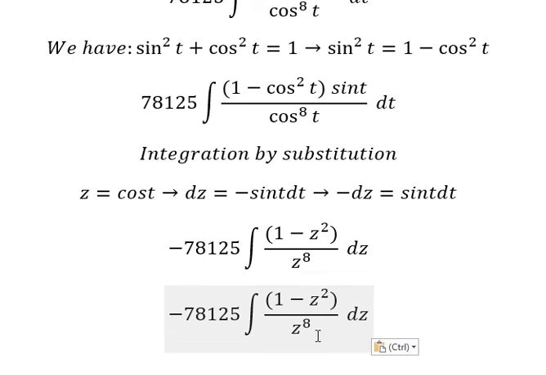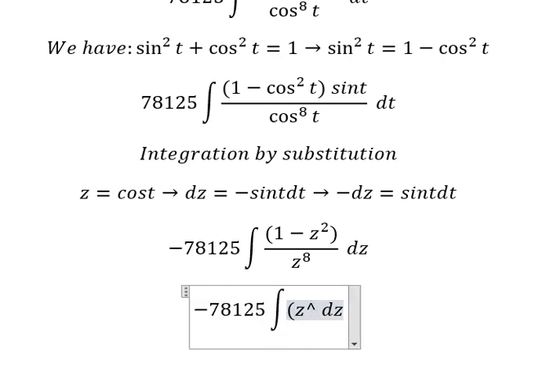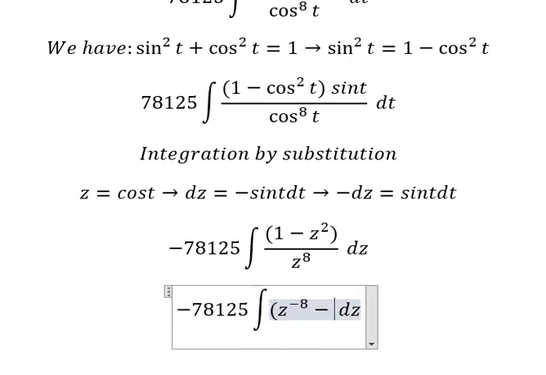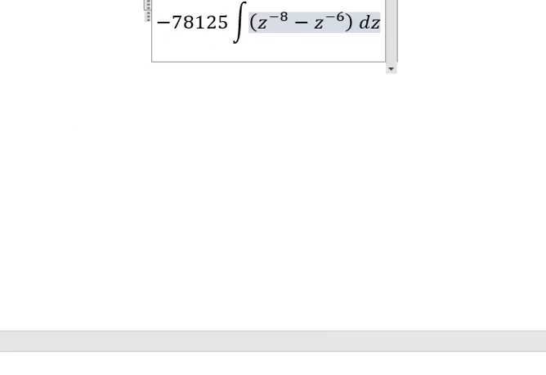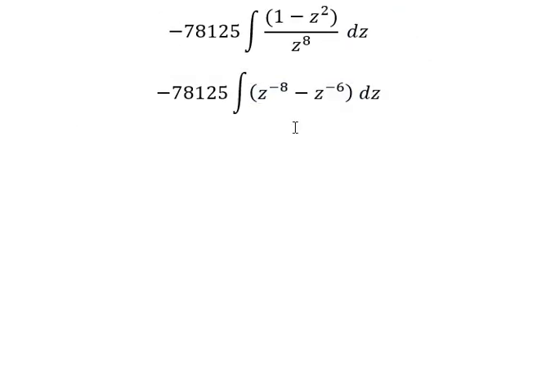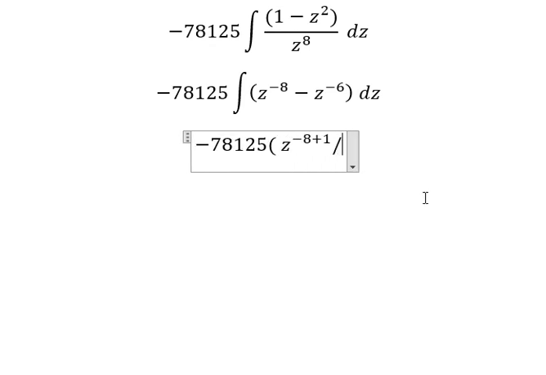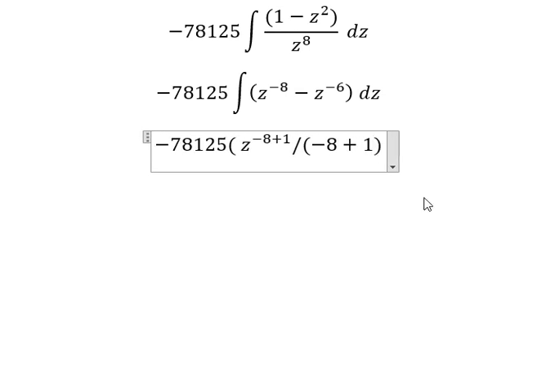So we have 1 divided by z to the power of 8, z squared divided by z to the power of 8. So the integration of this one, we have z to the power of negative 8 plus 1 over negative 8 plus 1.